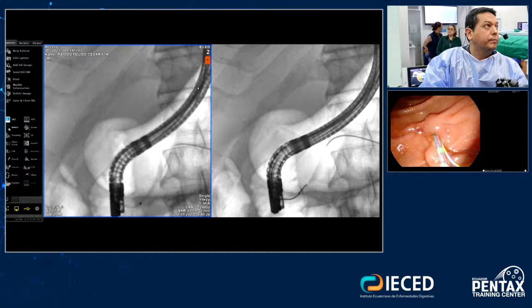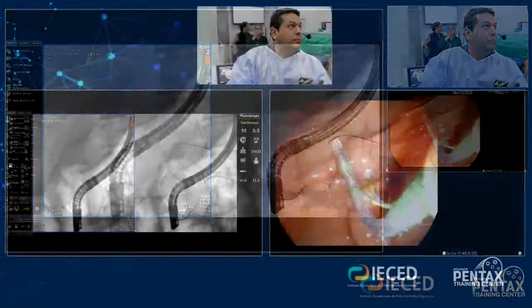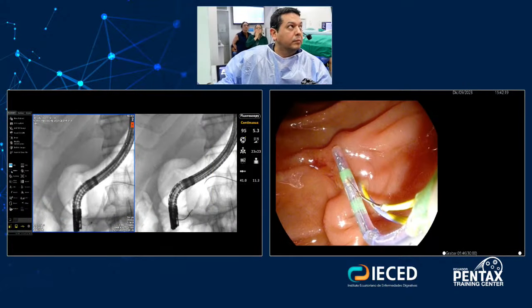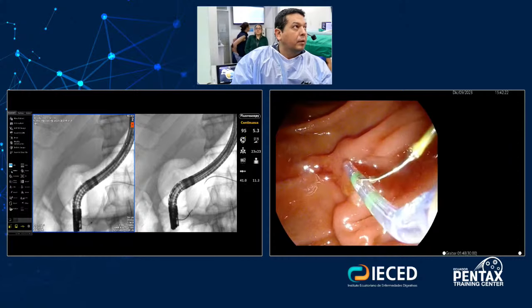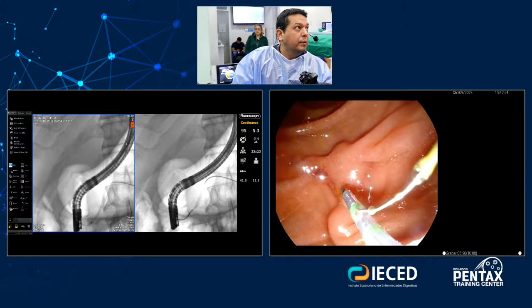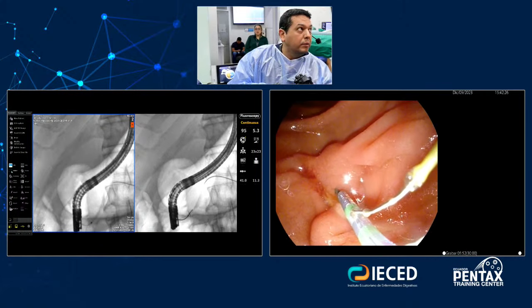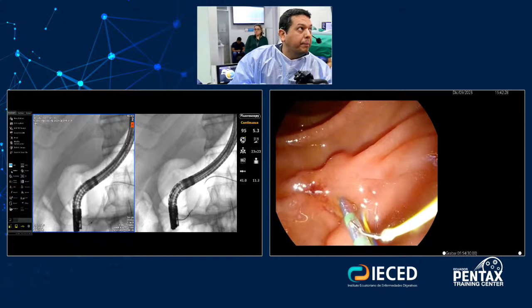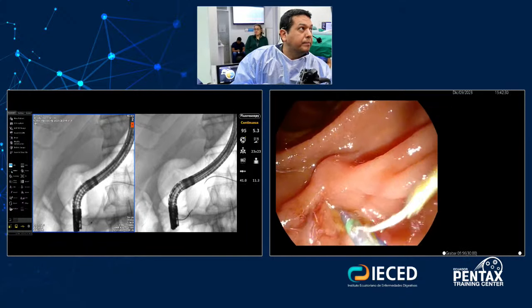Retira un poquito. I'm trying to reach the main biliary duct.